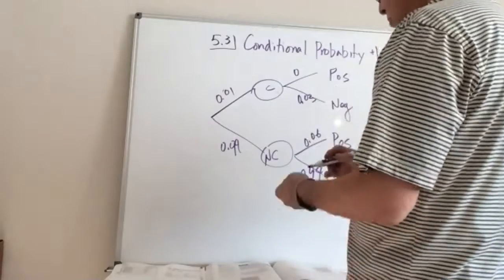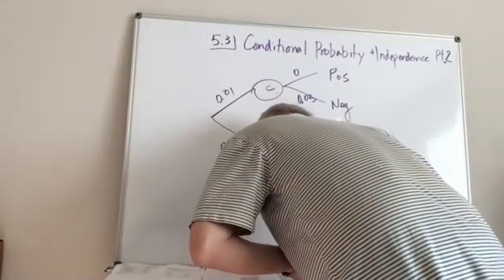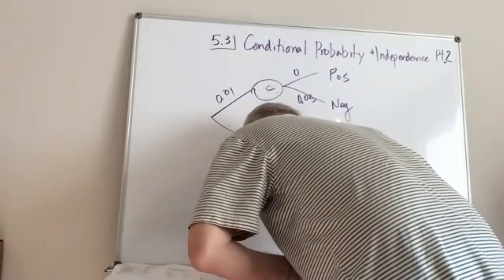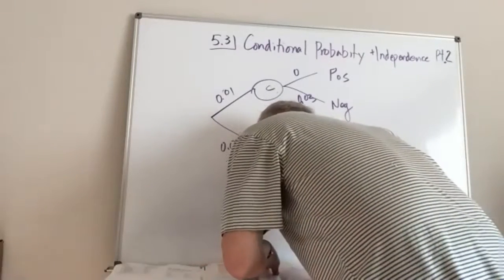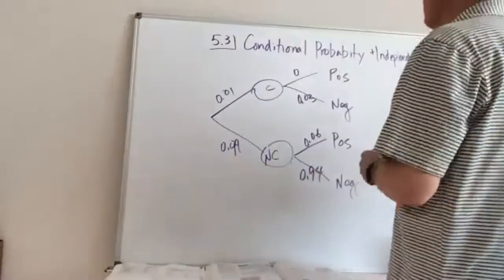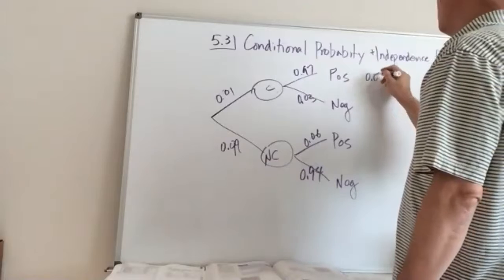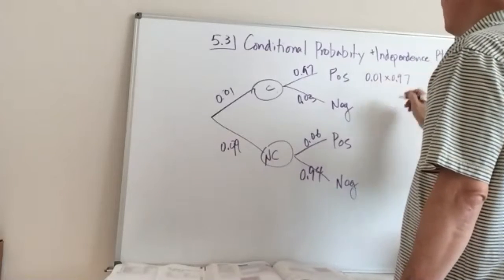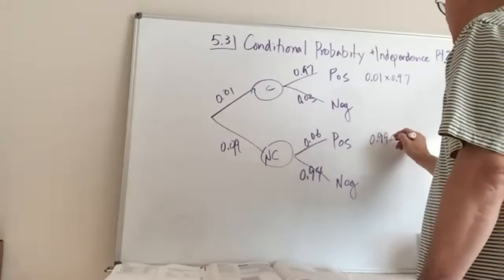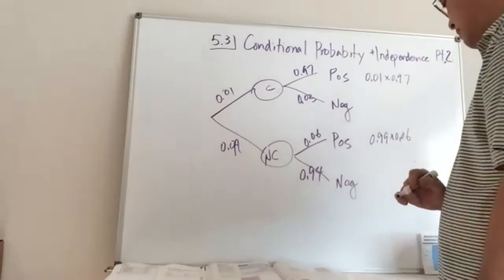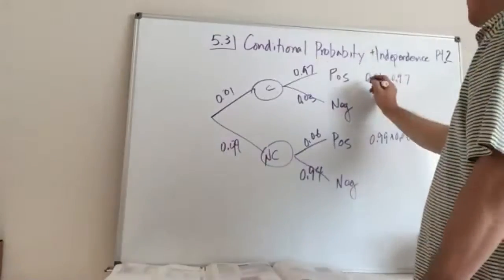Okay, so what is the question? Random significant population, find the probability that she actually has it when she's positive. So there's two ways I can get a positive, right? I can get a positive here, which is 0.01 times 0.97. I can get a positive here, which is 0.99 times 0.06. And I want to find the probability of being this guy, right?